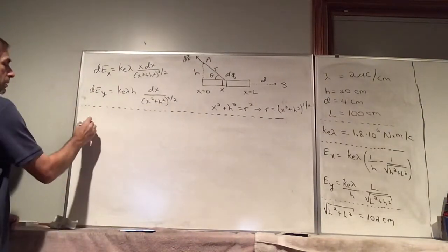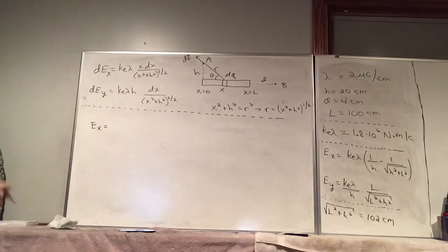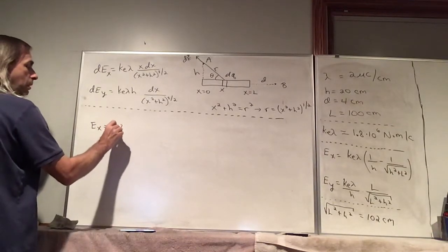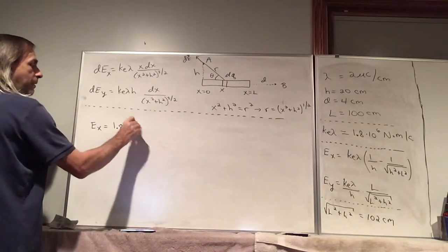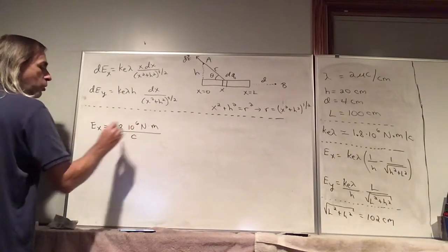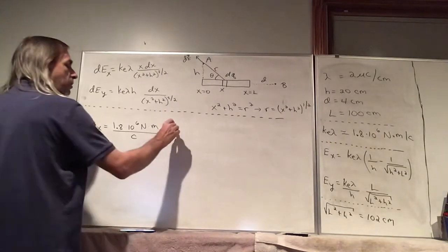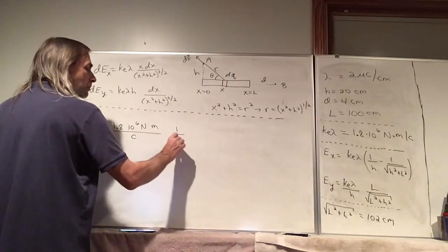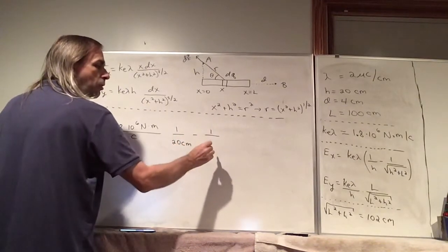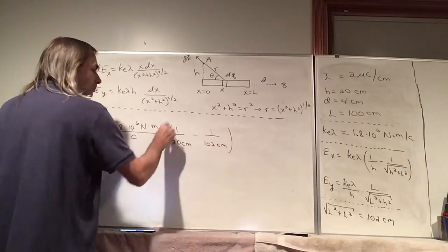So E_x, we have k_e lambda, so that's 1.8 times 10 to the 6 newton meters per coulomb, and then 1 over h, so we have 1 over 20 centimeters, minus 1 over 102 centimeters.